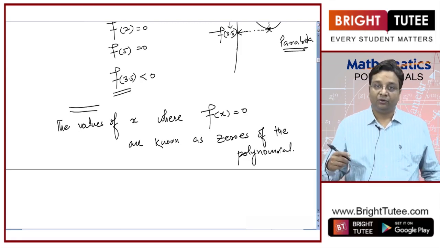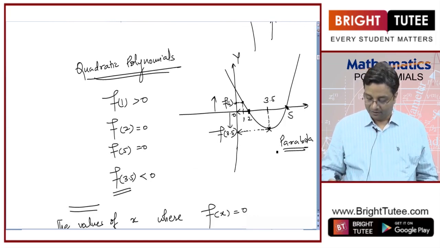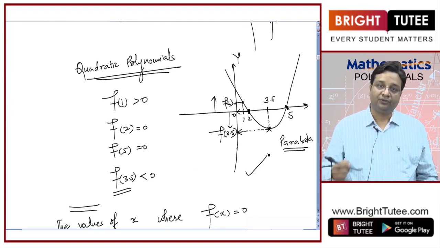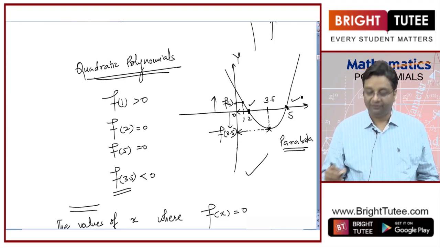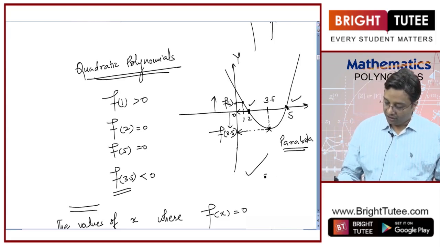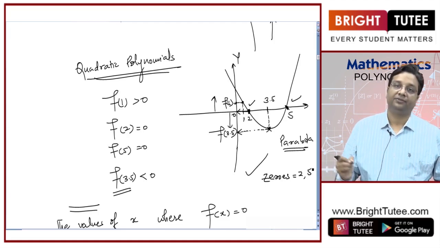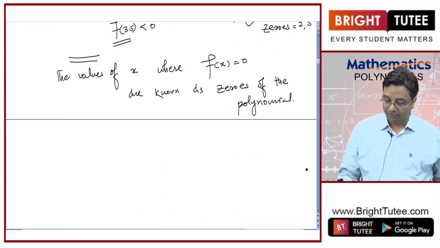Okay. So if I go back to the graph and I ask you what are the zeros of this polynomial, what were the values of x where f of x was 0? It was at 2 and 5, right. So zeros of this polynomial are 2 and 5, right. So this is about zeros of a polynomial.